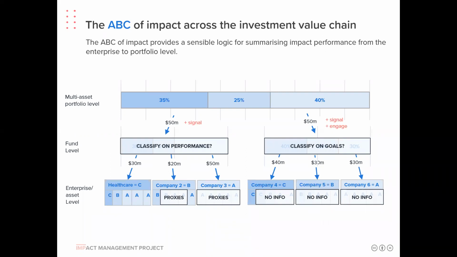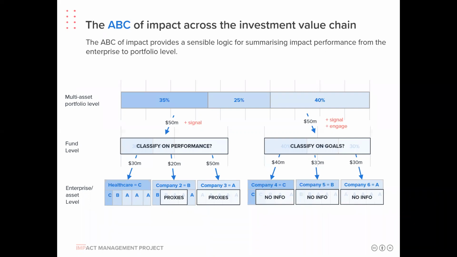Meaning, given their investment strategy, are they likely to invest in A, B, or C type businesses? In other words, if there really is no performance information to go on at all, then you can classify a fund based on its expected impact or goals. And this is the kind of messy reality that we're faced with when we're trying to make sense of portfolio impact in the real world.